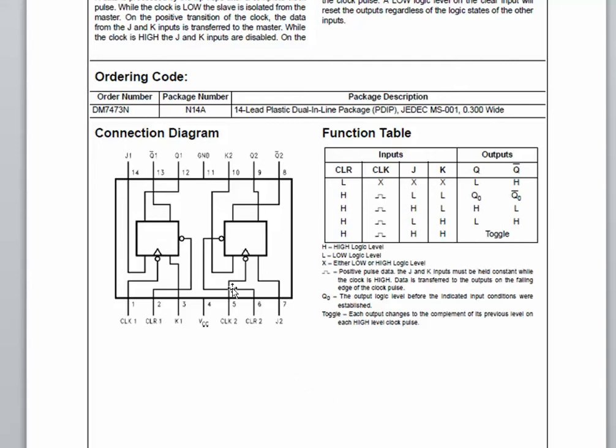Another thing I wanted to point out here is that each one of these flip-flops has a clear, so you can force their outputs to be 0. If you let this clear input right there, clear 1 and clear 2, go to 0, it will actually just make the outputs A and B, in our case, be equal to 0. And it doesn't matter what the inputs are, it just basically makes it numb.